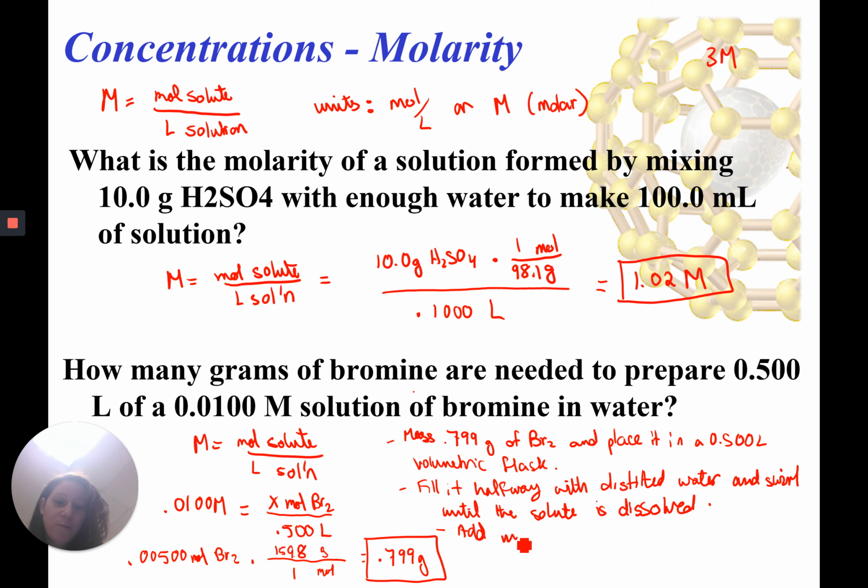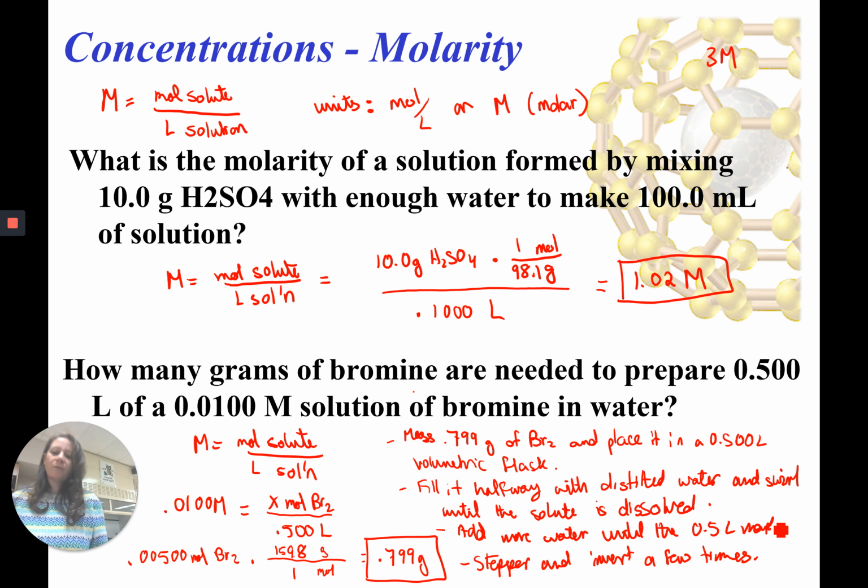Add more water until the half-liter mark. Stopper and invert a few times. And that's how you make your solution.